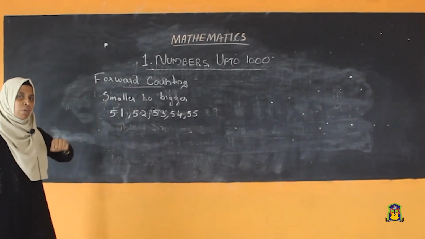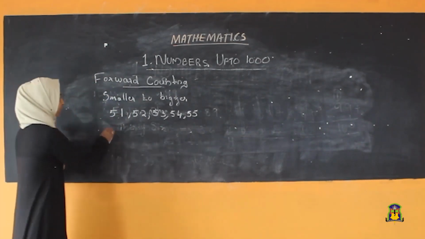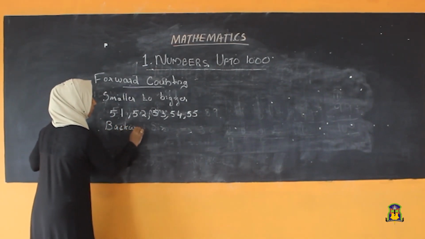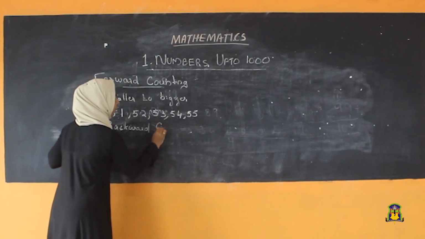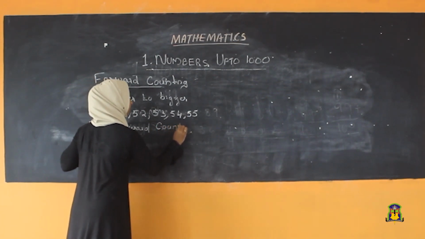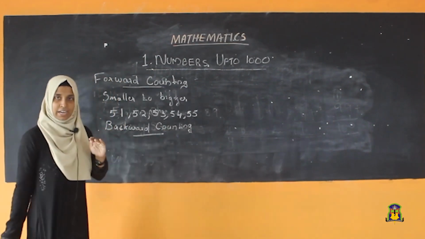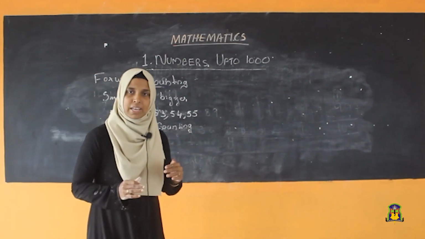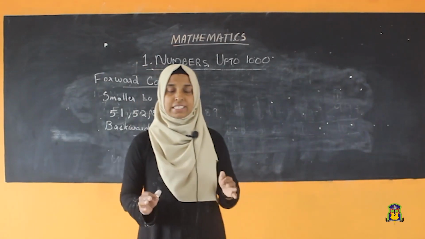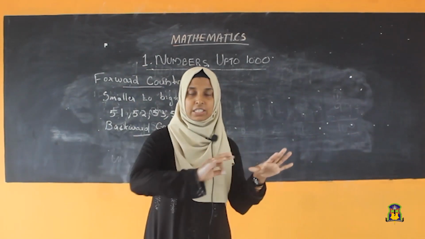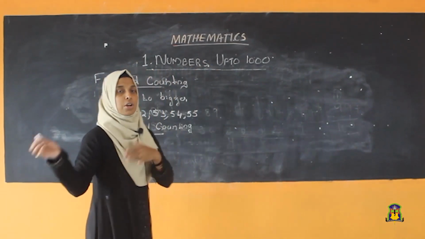Okay. Then what will be backward counting? Children, backward counting means writing numbers from bigger to smaller.